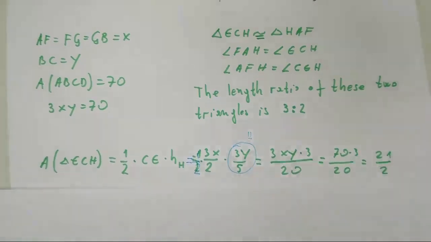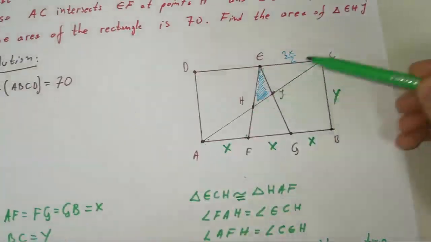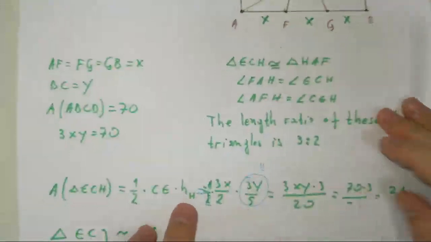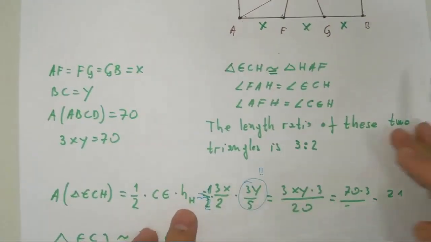We have an answer, so it's correct. It's from the similarity of these two triangles here. It means that the height from point H is 3y over 5.